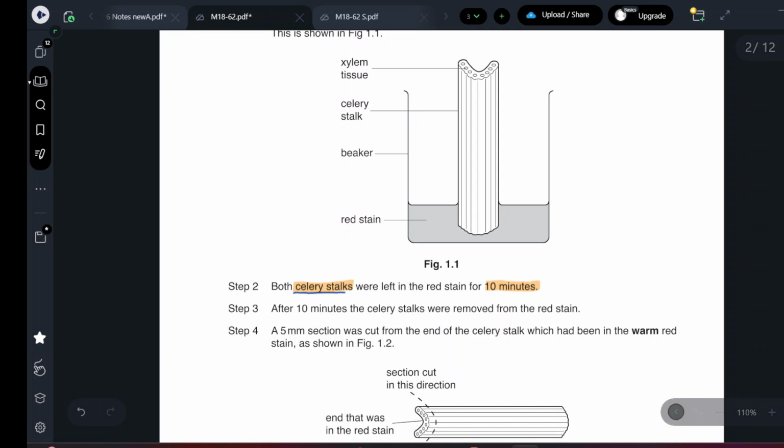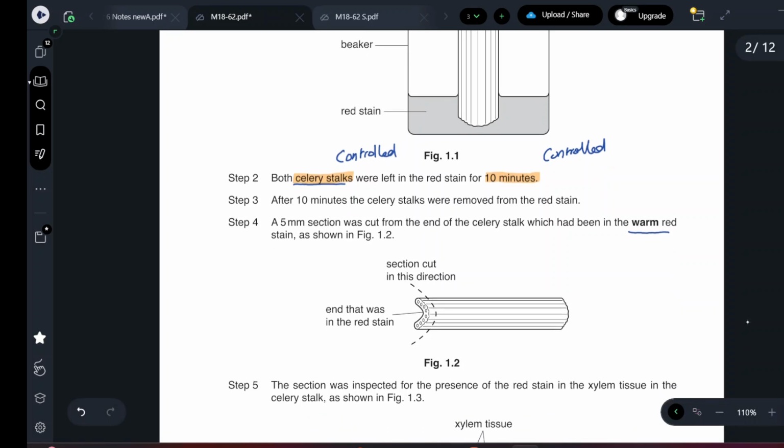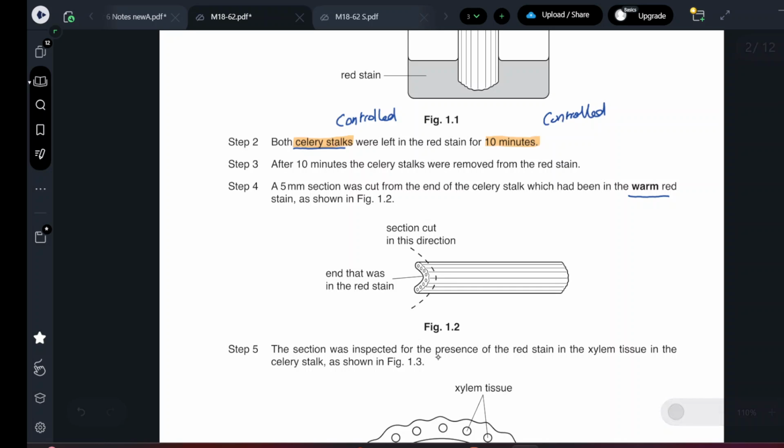These are controlled variables, or constant variables, because you left the same type of plant for the same time. After 10 minutes, the stalks were removed from the red stain. A 5 millimeter section was cut from the end of the stalk which had been in the warm stain. The section was inspected for the presence of the red stain in the xylem tissue.